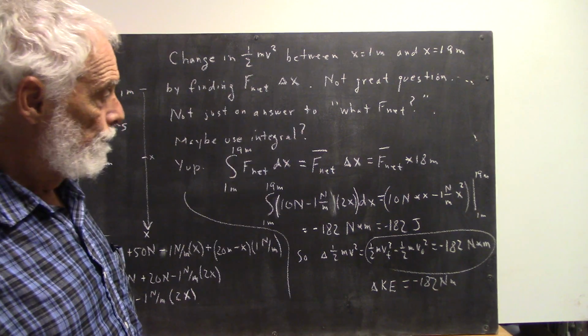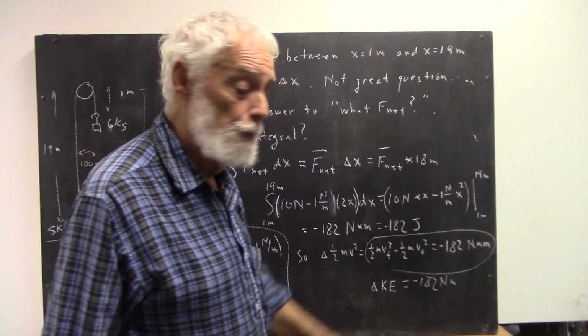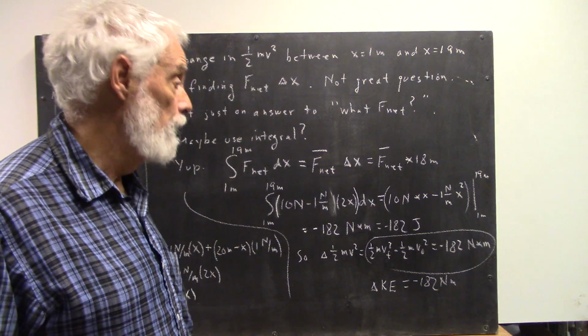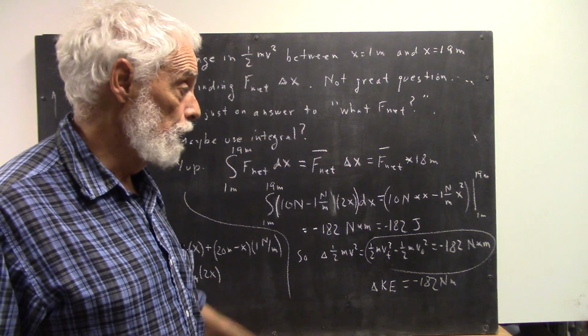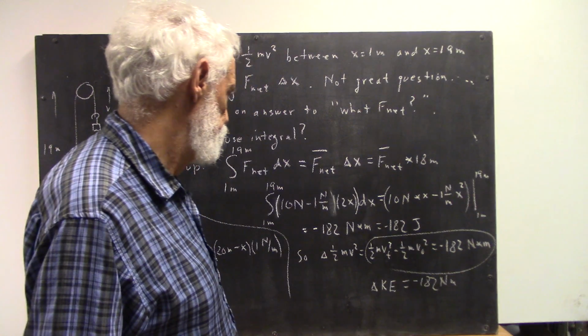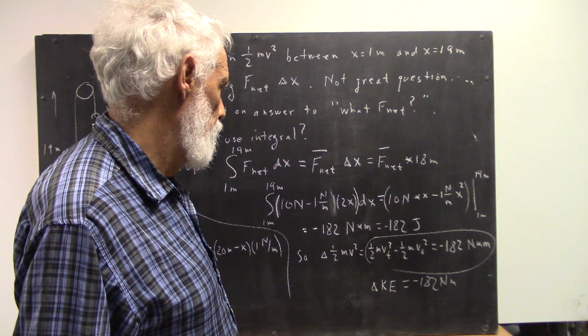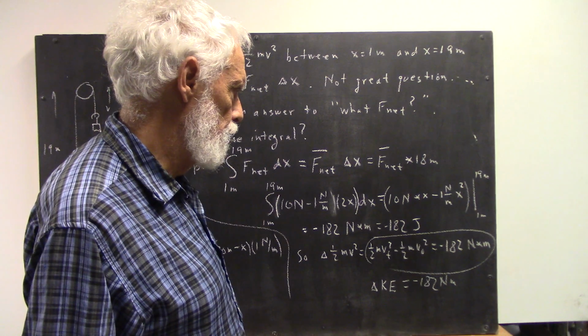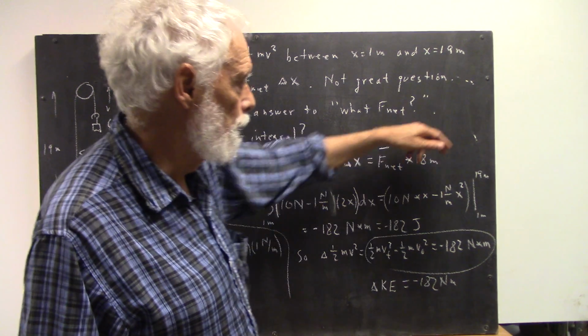Okay. Now, square 19 meters, you get 361 meters squared. So that gives you minus 361. Yeah, it's negative. Okay.